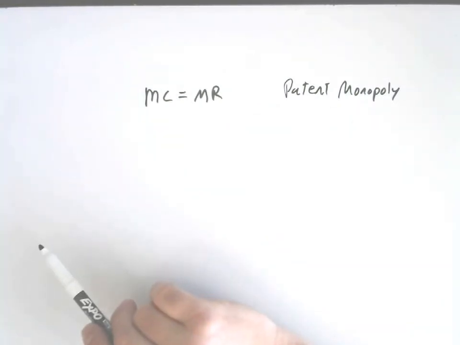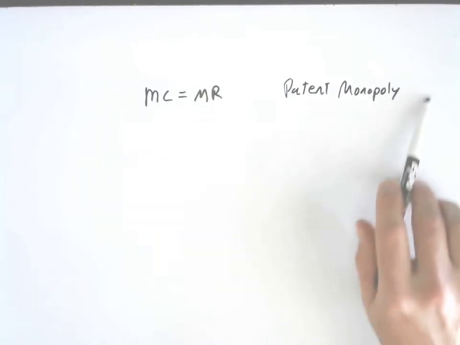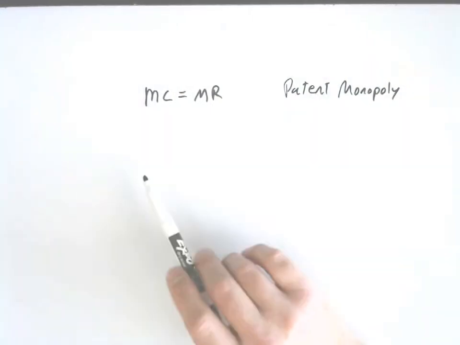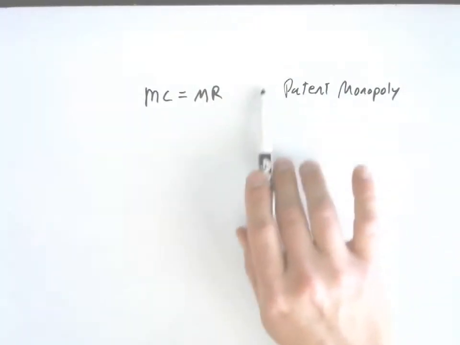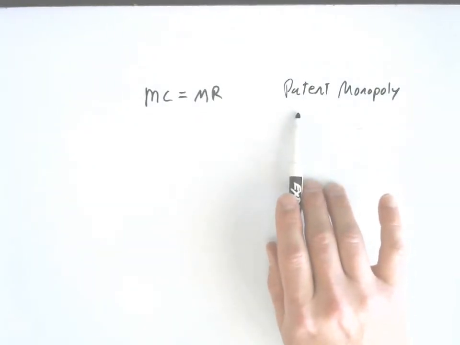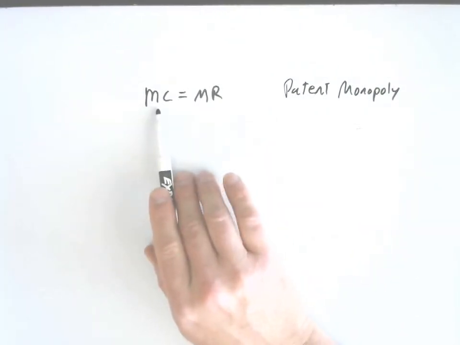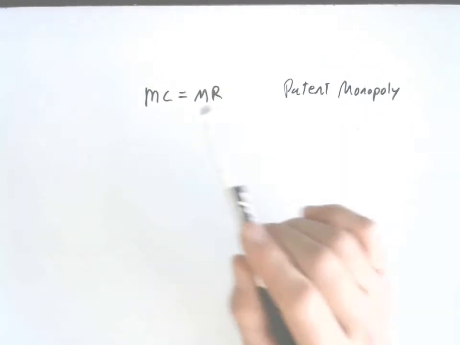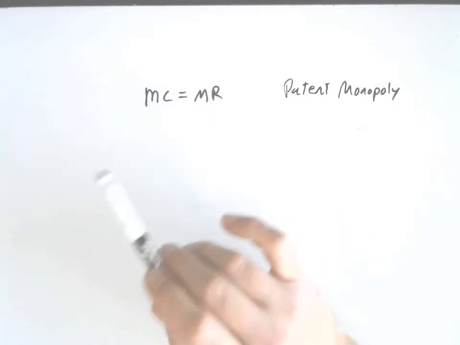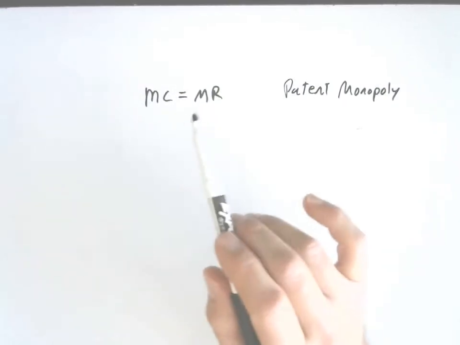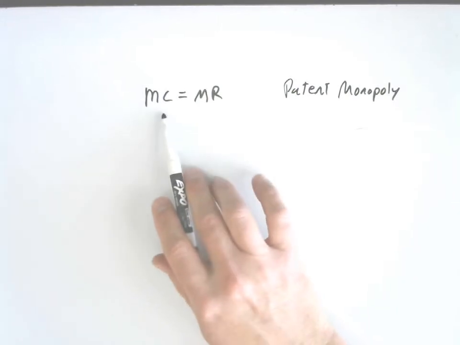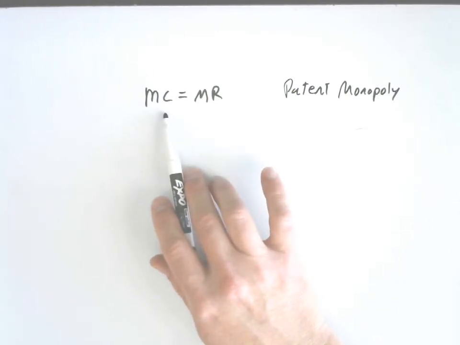Now, a patent monopoly simply produces a product. And if we assume that product has some sort of assembly line process to it, then the marginal cost curve is going to have the same characteristic, upward sloping but U-shaped at early stages of output, that a perfectly competitive firm has.